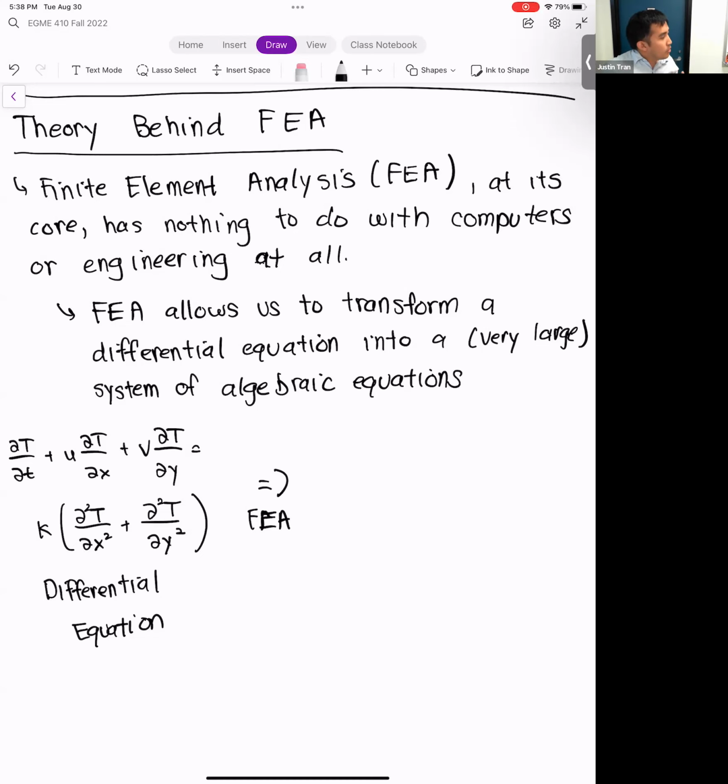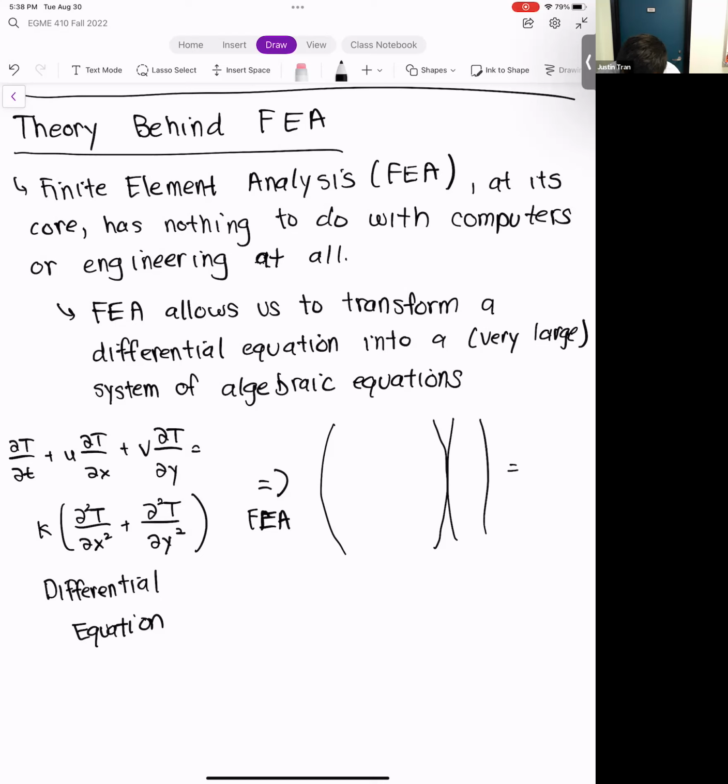Okay. And when you start to have a very large system of algebraic equations, the way that we typically express it is we put it in matrix form. Right. If you remember from your linear algebra class, if you have say 10 equations, 10 unknowns, you can put that in a matrix form, and that's a more elegant way to express it.